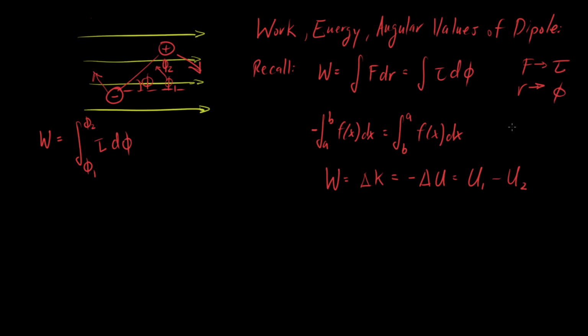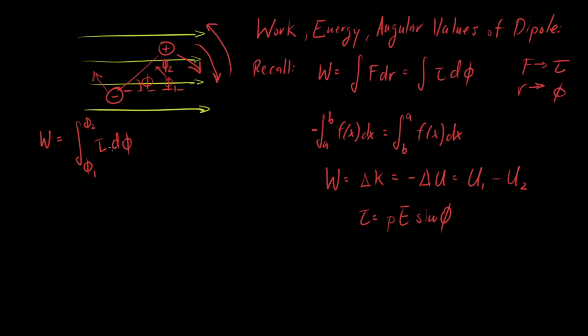Also recall that our torque for a dipole in an electric field is P, the dipole moment, times E sine phi, right? But notice that the torque is moving clockwise, and our angle is moving counterclockwise.